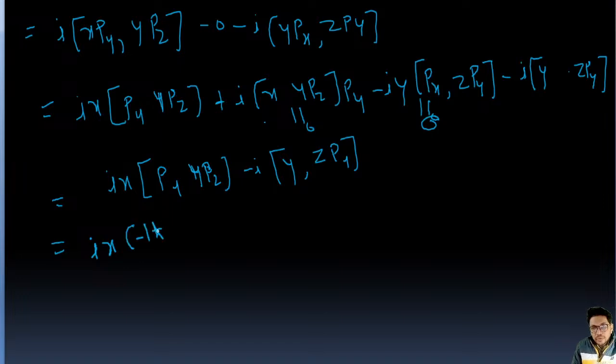We'll put the value. Okay, so this one will open it actually. So how we are going to open it, I'll show you. So this is going to be x.